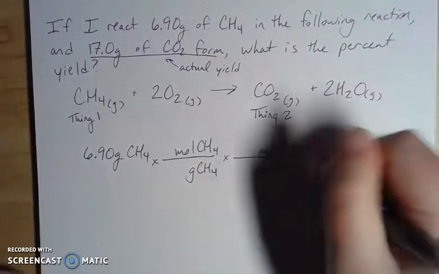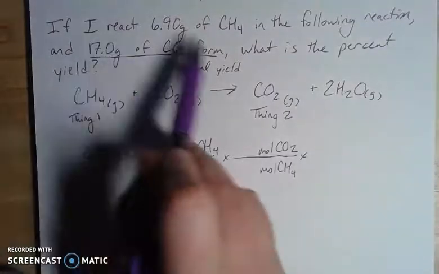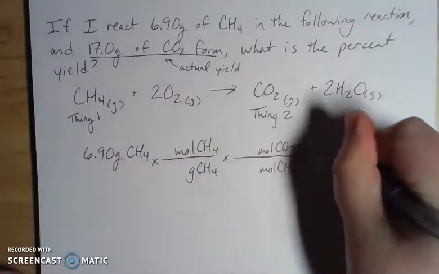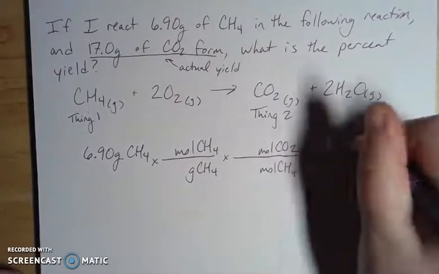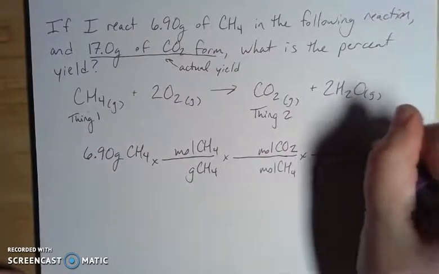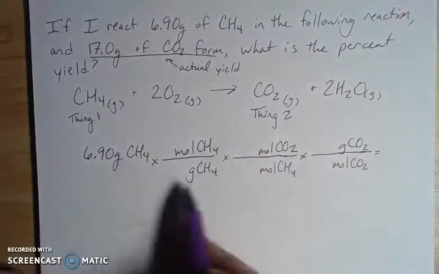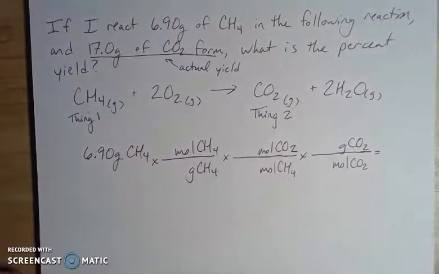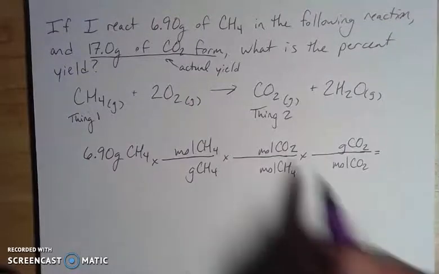Moles to moles, and it's asking for a comparison with a mass here. So I need to have mass at the end of this, so I need to go from moles to grams. Okay, grams to moles, moles to moles, moles to grams. That's our stoichiometry setup. So now I can plug in my numbers.